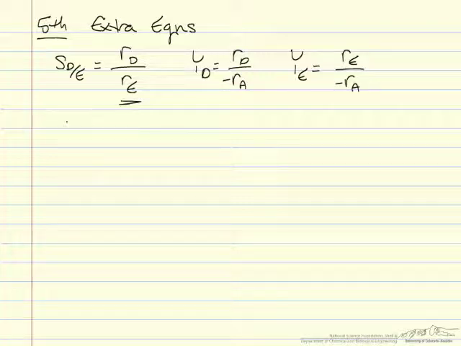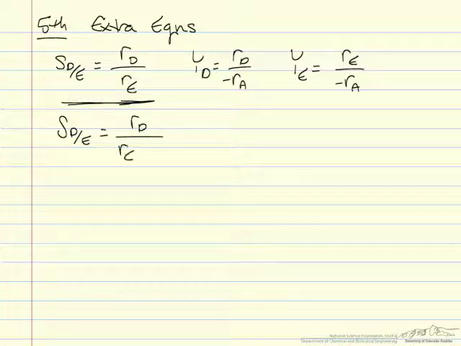So in one of the examples in your book, they say to, instead of having this explicit equation that's actually correct, have the rate of appearance of D over the rate of appearance of E plus a really, really tiny number, like 10 to the negative 10th. And so then that'll just essentially be a fudge factor to barely change the rate of appearance of E so it can plot it for you.